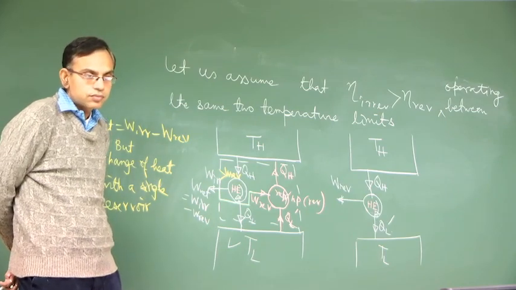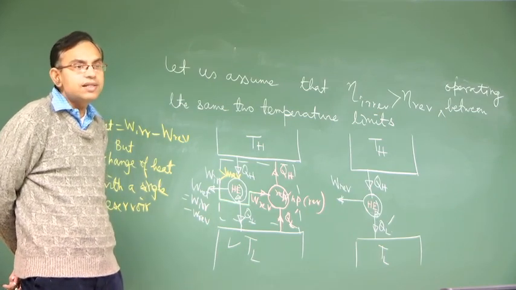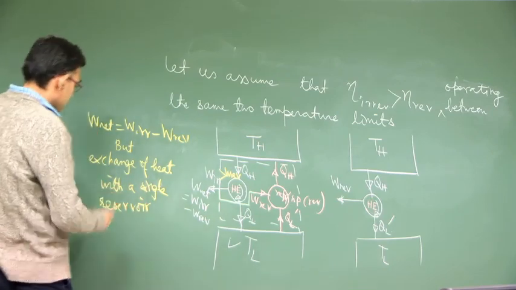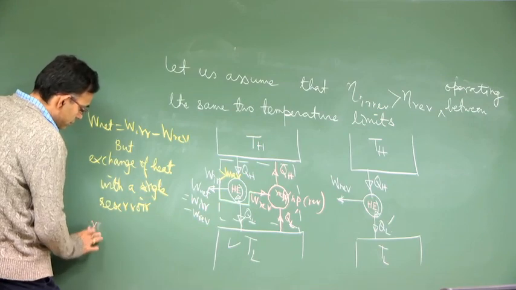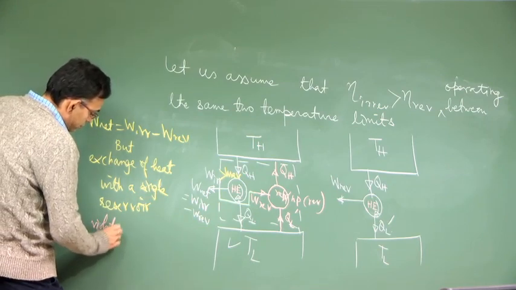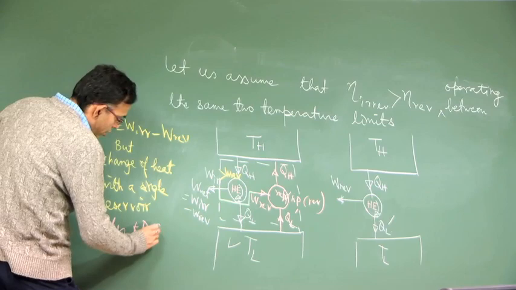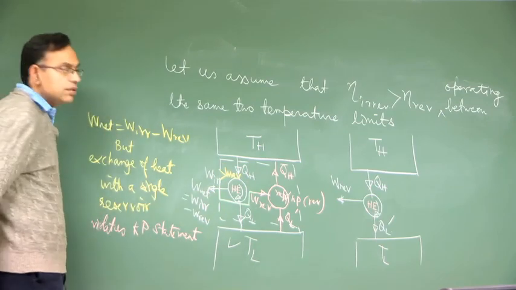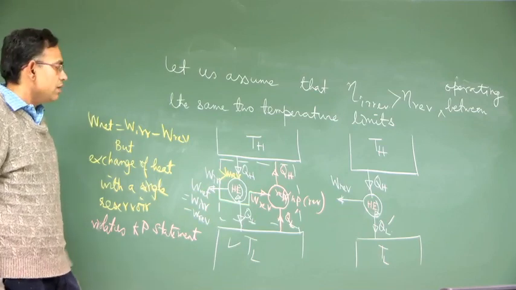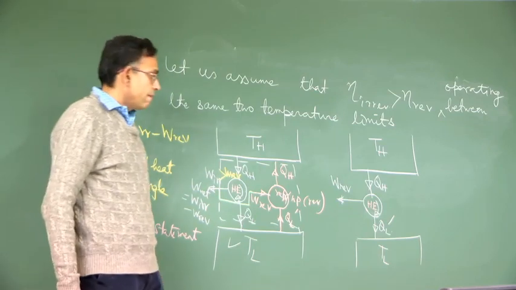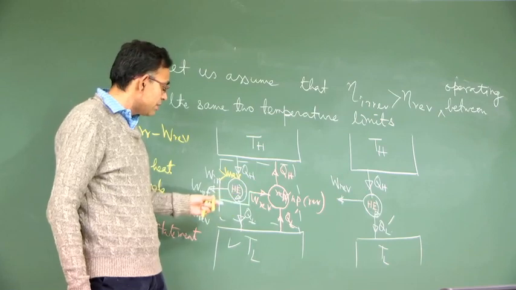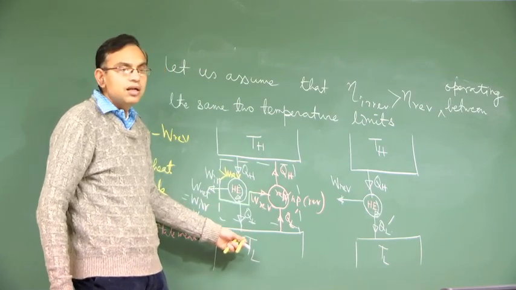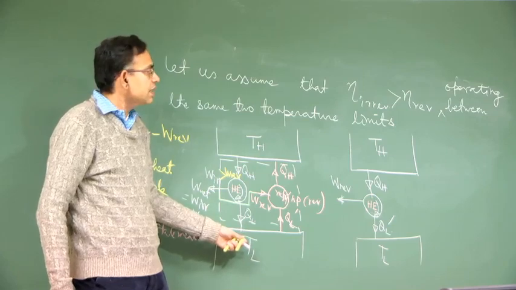So, this violates the Kelvin-Planck statement. So, the very fact that we assumed the efficiency of the irreversible cycle greater than the efficiency of the reversible cycle between the same TH and TL is not a correct assumption.